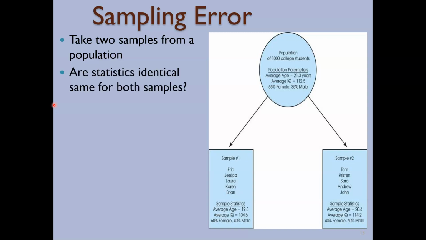And then let's take a look at the samples we collected over here. Sample 1 and sample 2. Sample 1: Eric, Jessica, Laura, Karen, Brian. Sample 2: Tom, Kristen, Sarah, Andrew, John, right? So in sample 1, the average age is about 19.8, roughly 20 years old.